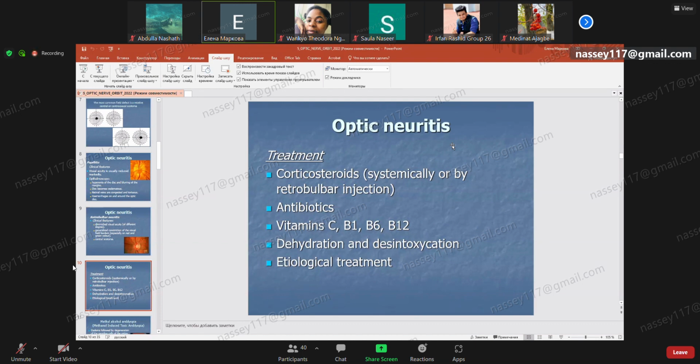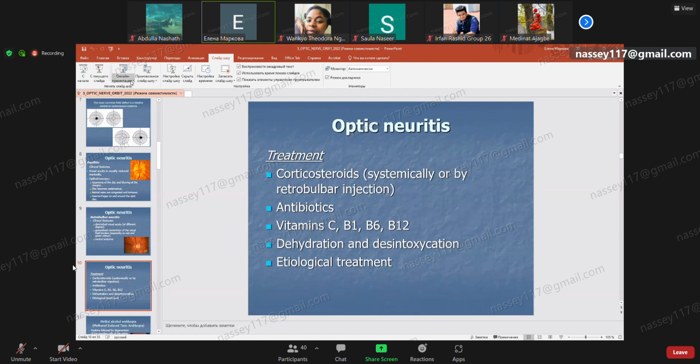The next step in treatment is the use of antibiotics of different groups. Thirdly, the use of vitamins C, B1, B6, B12, for example. One of the main steps in correction of edema in papillitis is dehydration and disintoxication.